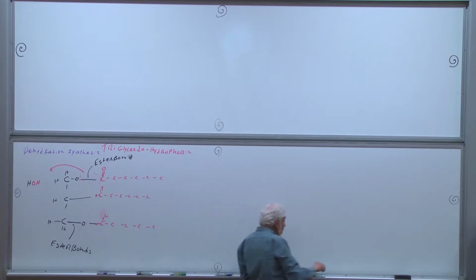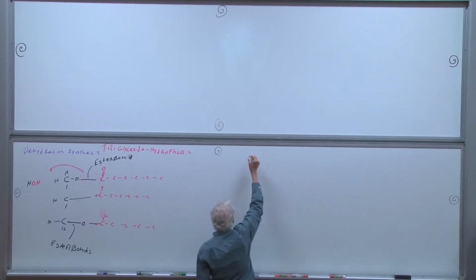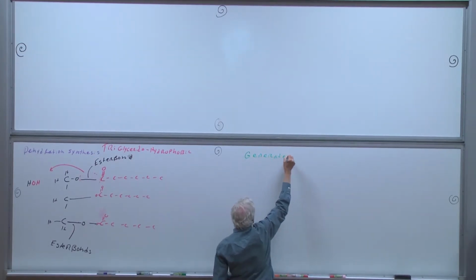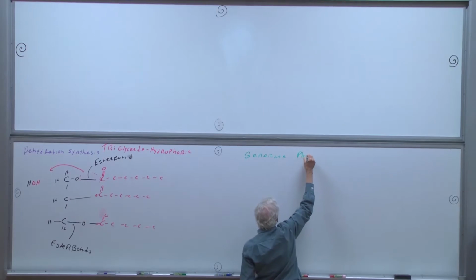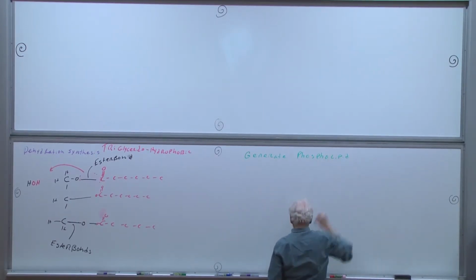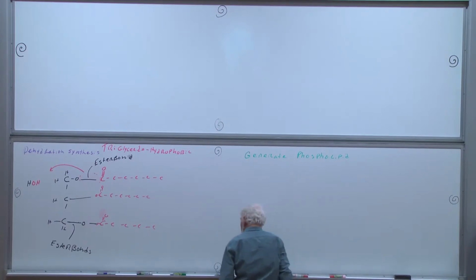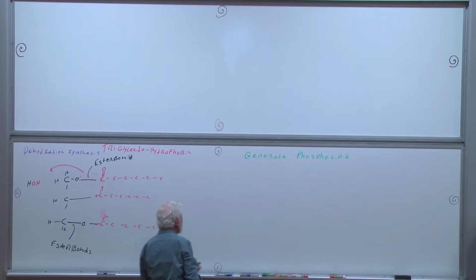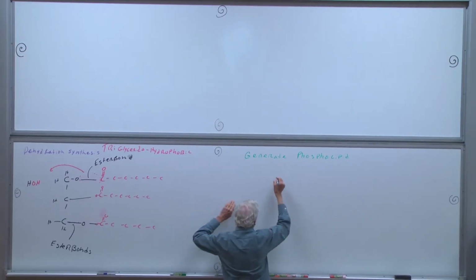Over here, we're going to change that structure just a little bit. And we're going to now generate a phospholipid. The phospholipid is going to, in many ways, look like the triglyceride. It has 3 carbons.